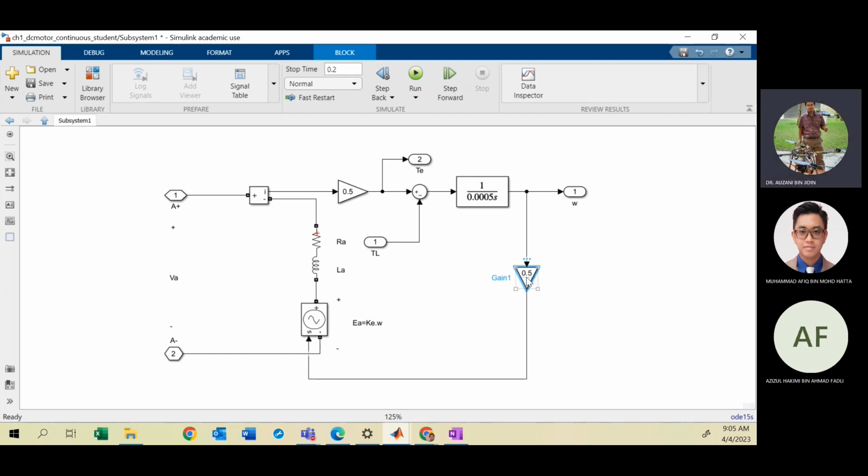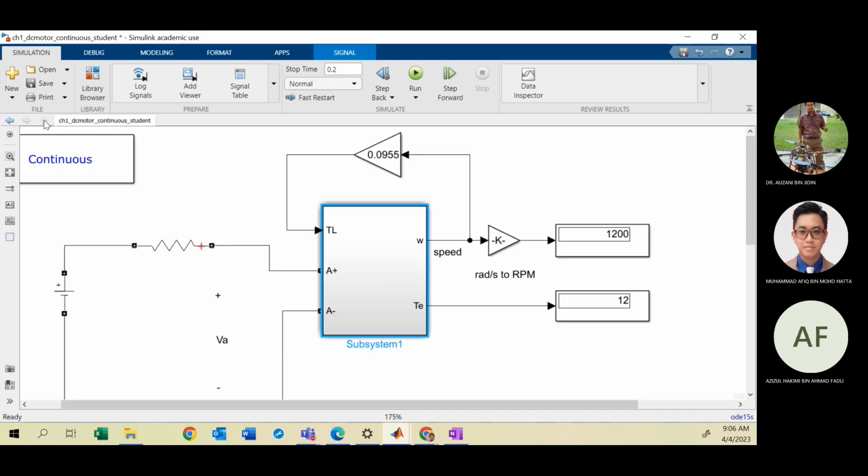Here is KE. You obtain the speed, the output of the transfer function, multiplied by KE. Then this will provide the signal of EMF. Okay. Any question?